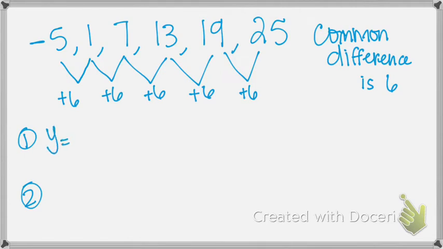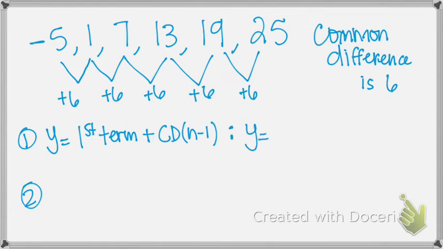Remember, y equals first term plus common difference times n minus 1. Y equals, the first term is -5 plus 6, which is our common difference, times n minus 1.